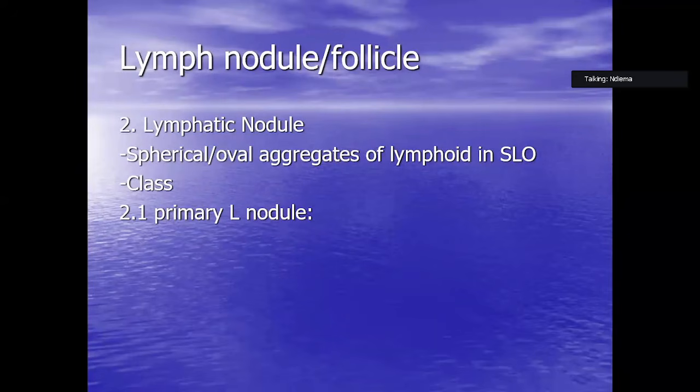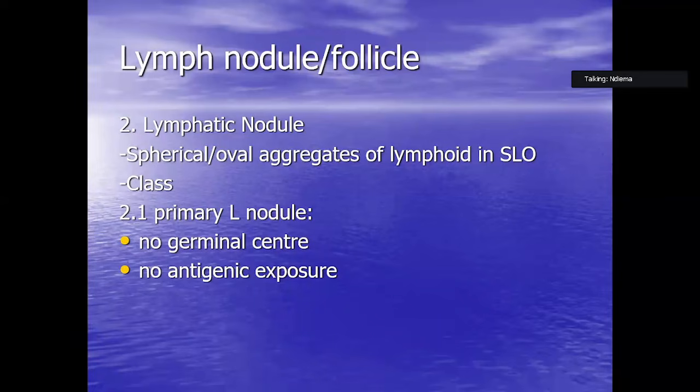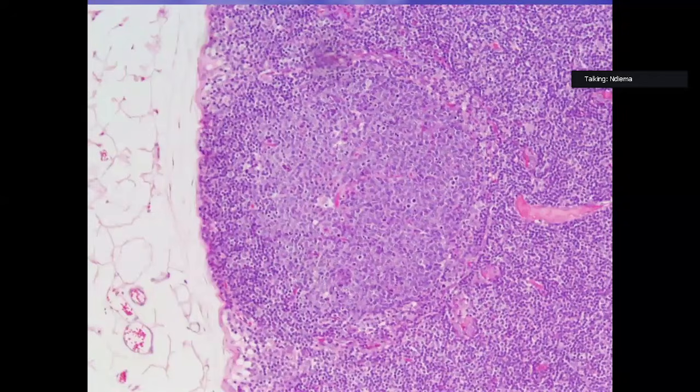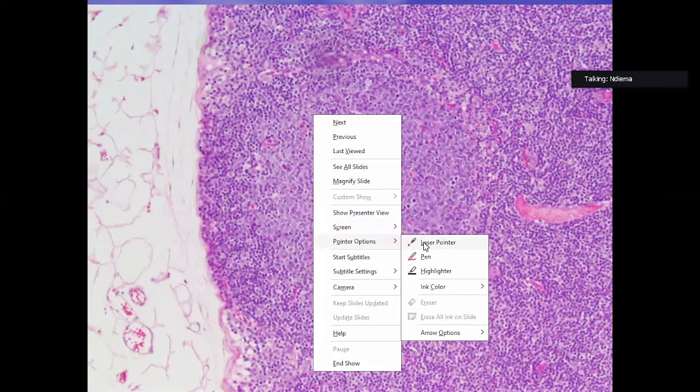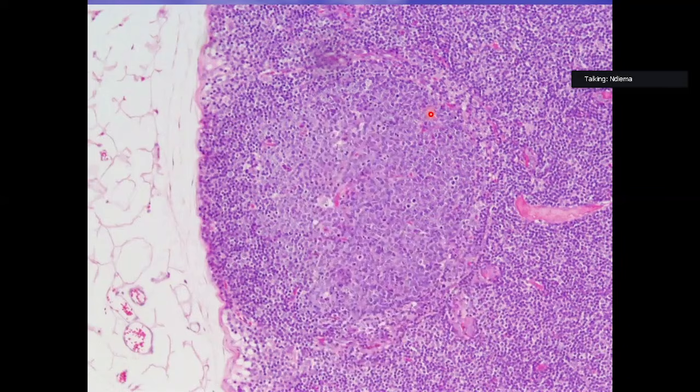So the secondary lymph nodule, I've said, consists of the germinal center as the distinguishing feature, and then the mantle zone. I think we had looked at this one, where we are looking at a nodule comprising closely packed cells but lacking a germinal center. This is before exposure to antigens.